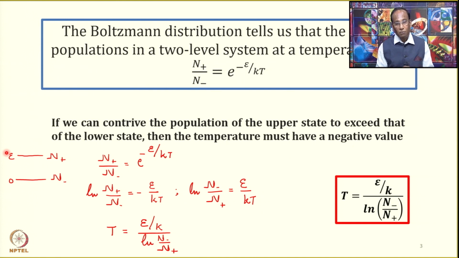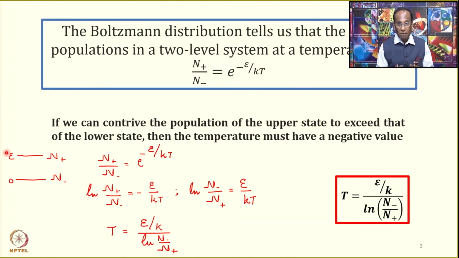Now let us discuss what is the meaning of this negative temperature, that is, temperature with a negative value. Remember, we are not talking about temperature in degrees Celsius. We are here talking about absolute temperature in Kelvin.